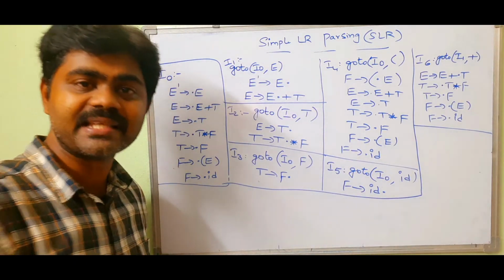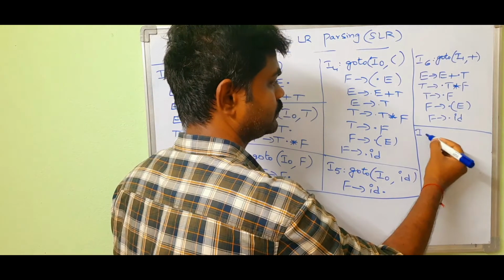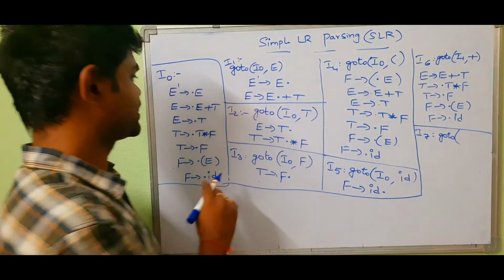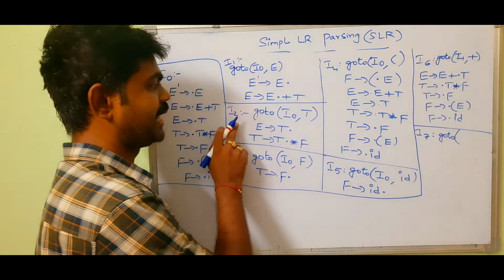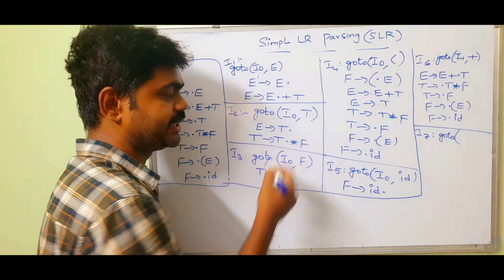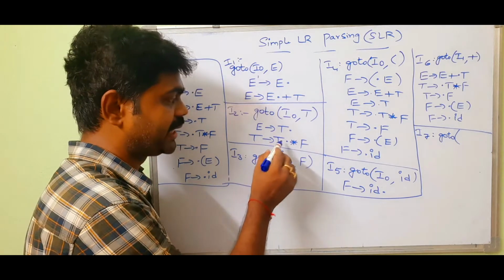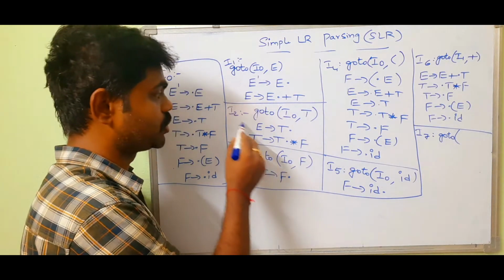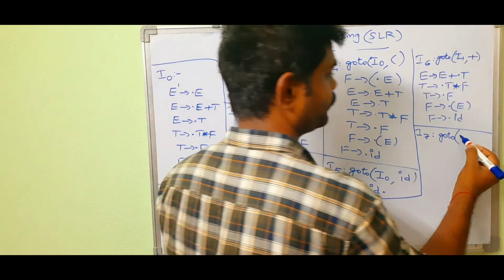Okay. So now I7. Now I7 is goto of I2 comma star. Why? Because here T dot already reached the end, so leave it. And here after dot we have star. So goto of I2 comma star.